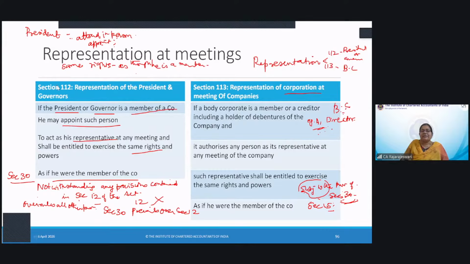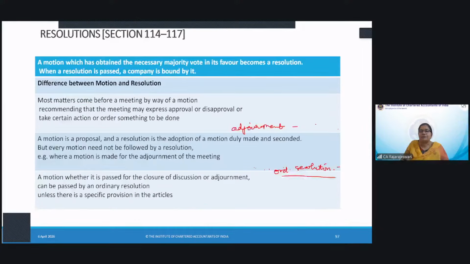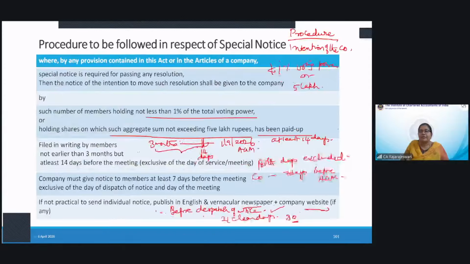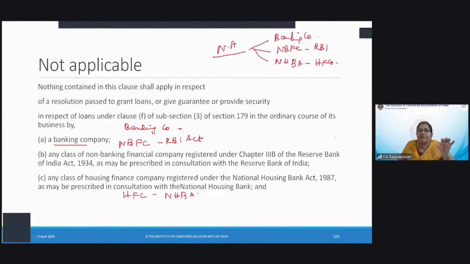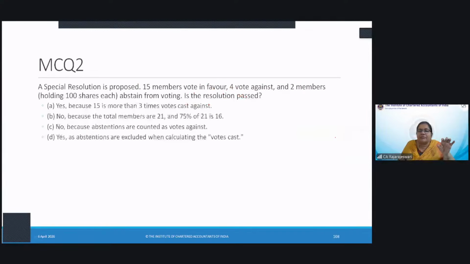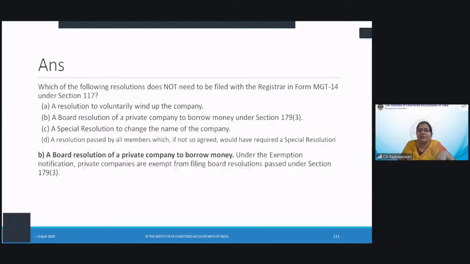See, this is representation at meetings. Here it is the president and the governors. Then representation of the corporation at the meeting of companies. So this was only tested in the MCQ. You have to go through this 112 and 113 in your material. Separate paragraph is given. So that paragraph you should have to go through it.